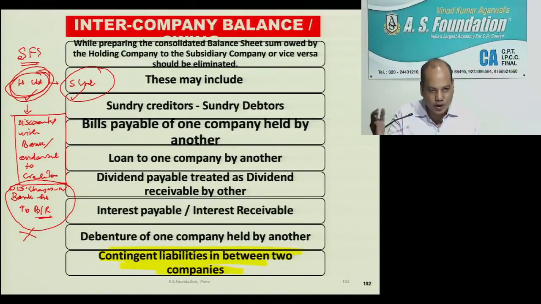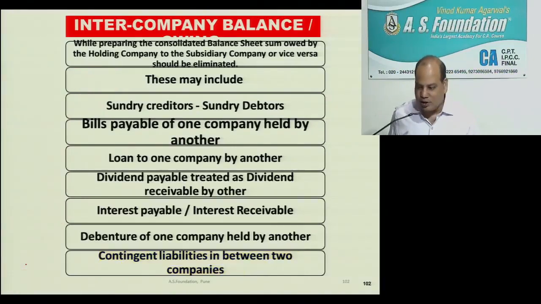We are going to consolidate the bills payable of S with H. So when the actual liability is appearing in the balance sheet, why is there a need to disclose it as a contingent liability? So don't write. You will get marks for not writing. If you write, then it will be cut.